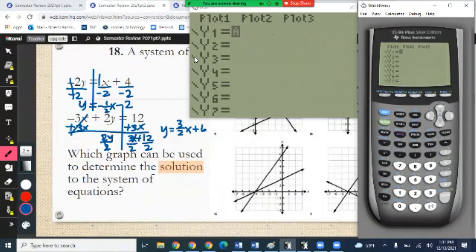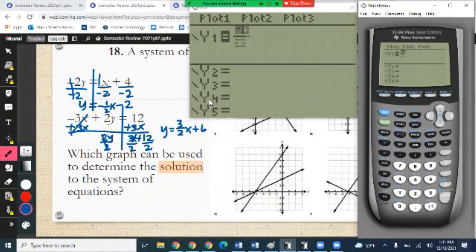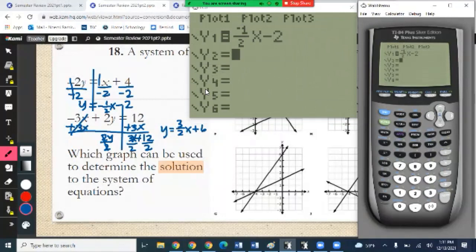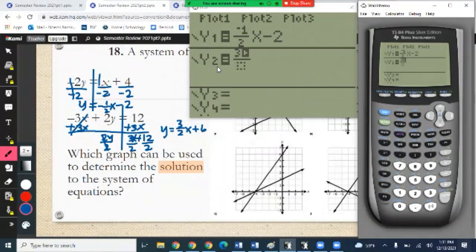So I'm going to type in, since we don't need the table, it's okay to use alpha y equals. When you need the table, I would just type it in as divided by -2. And then alpha y equals, enter 3/2x plus 6.